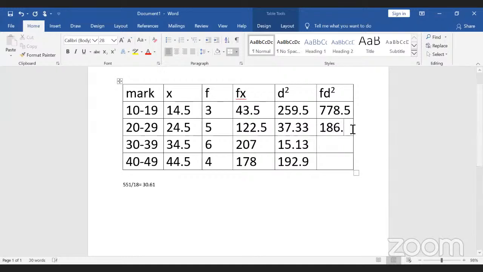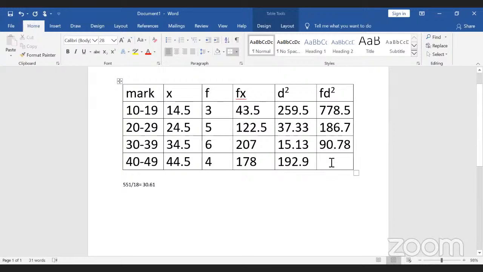That is the class of 20 to 29. Now the next class, the deviation squared was 15.13, and that class had 6 students. So what do you get? FD squared is 90.78.